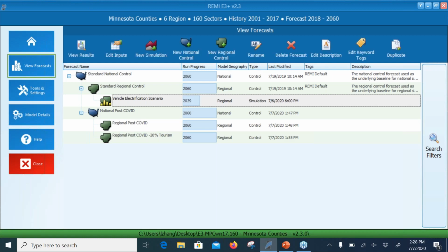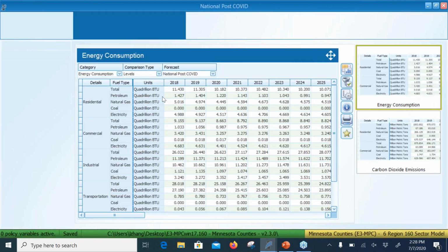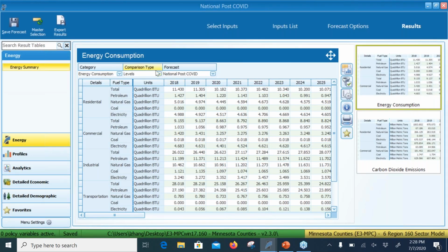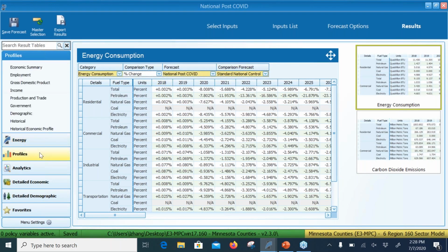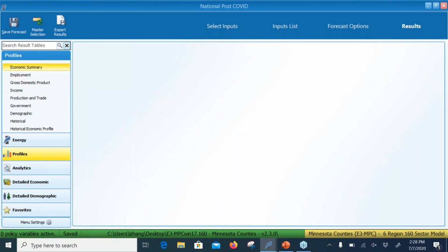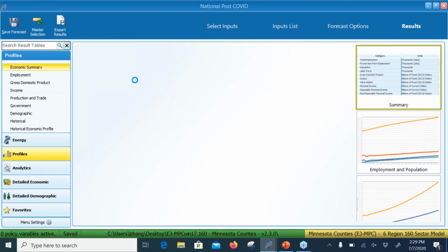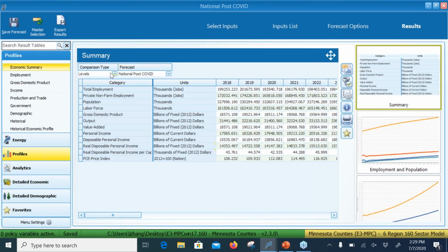And so to get a snapshot at the national level, what we can do is compare the post-COVID economic forecast to the pre-COVID economic forecast.